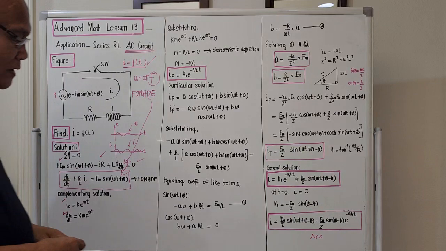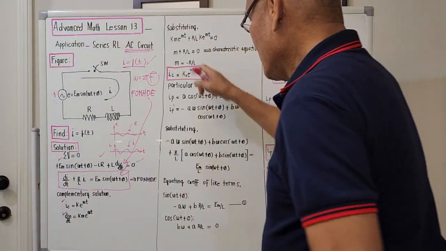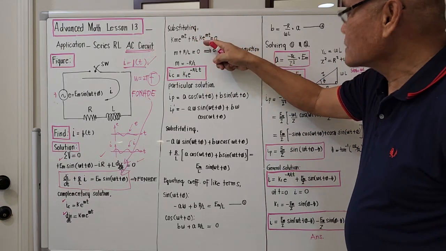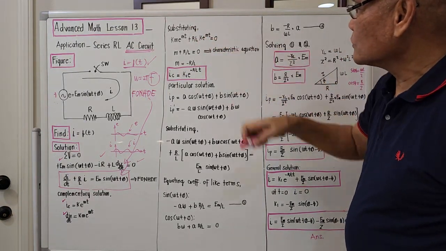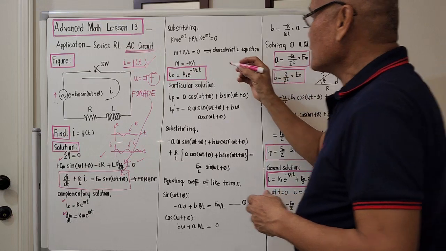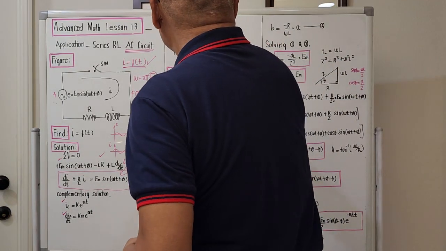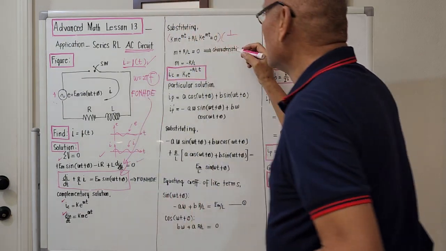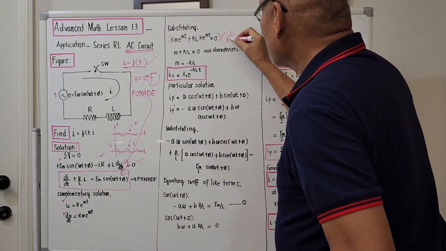What comes out will be km e raised to mt plus the ratio R over L times k e raised to mt, and this should be equal to 0. And to simplify this one, we multiply all the terms by k e raised to mt.